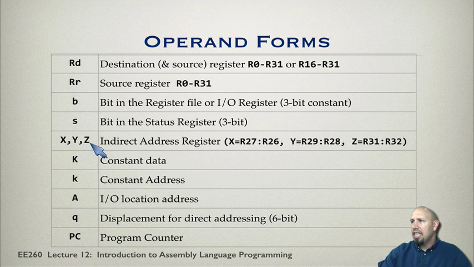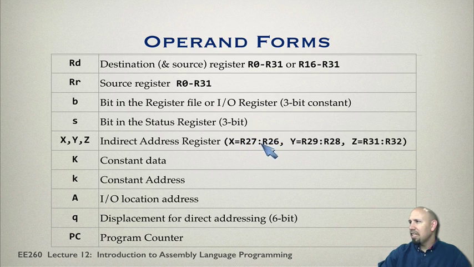X, Y, and Z are 16-bit registers. There are 3 16-bit registers, X, Y, and Z. They're actually addressed indirectly. So X, Y, and Z are their indirect addresses. Their direct addresses are, for X, registers 27 and 26. Notice that they go in descending order. That's the high byte, that's the low byte.